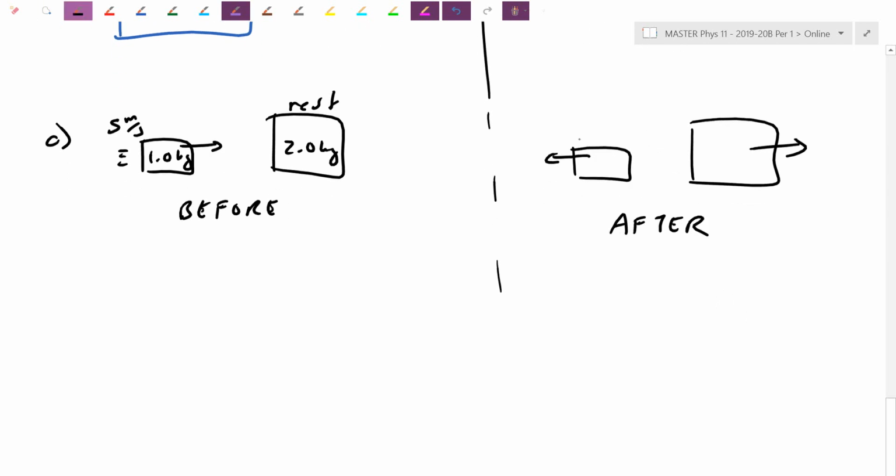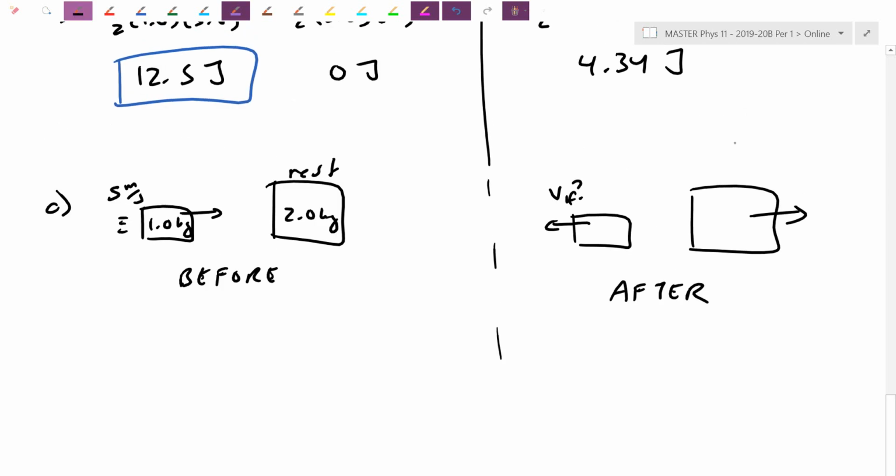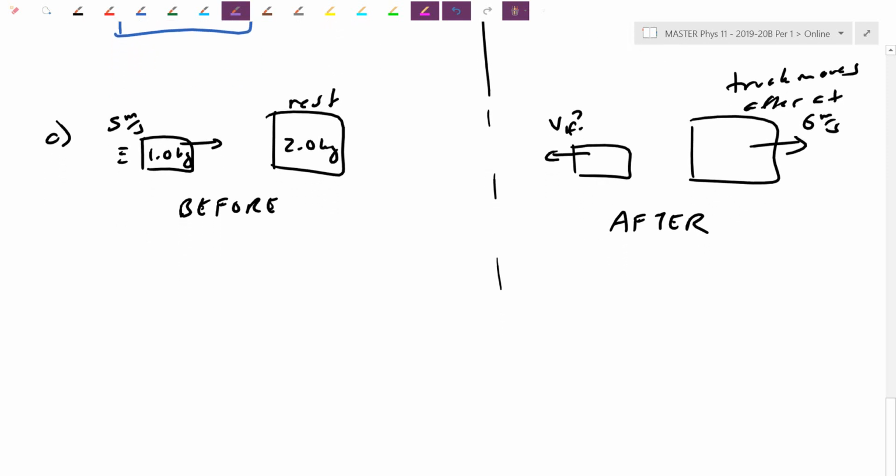So I'm just told, okay, what's the car's velocity afterwards, the v1f, if I'm told that the truck moves after at, just going to make up a number here, let's make it 6 meters per second. It's actually quite fast, right? Because it was only 5 meters per second to begin with. Let's just see what the math ends up being.